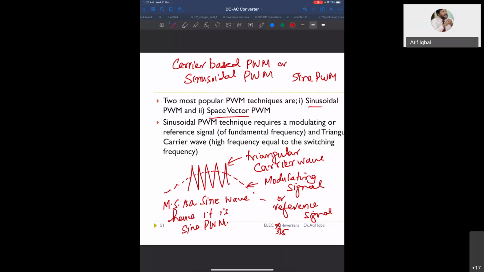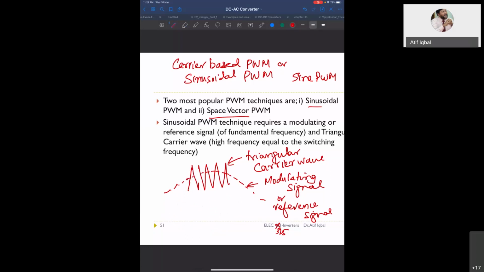So this is what you do: you compare the sine wave with a triangular carrier signal, and you generate the gating signal by comparing these two signals. You compare the modulating signal with the triangular signal, and you generate the switching signal for the switching device.